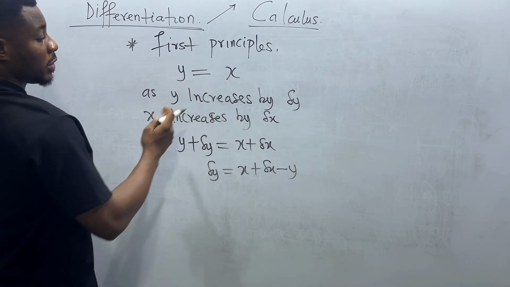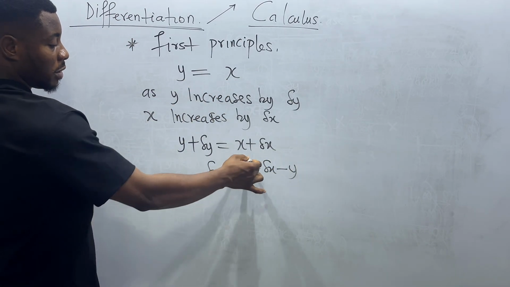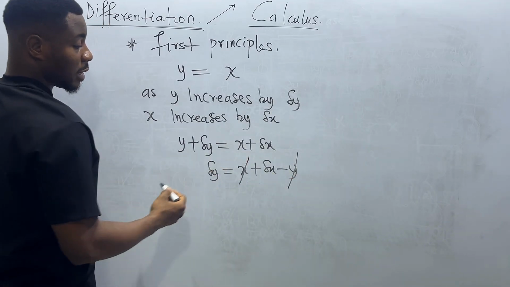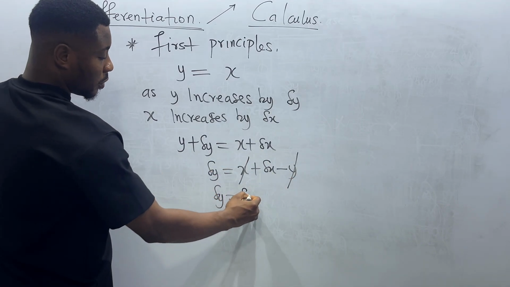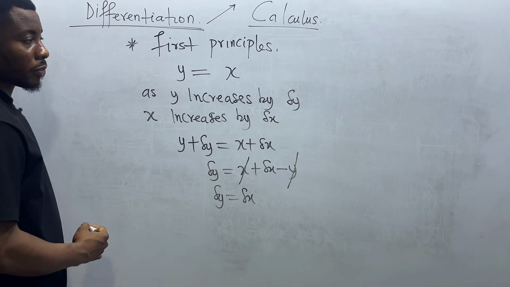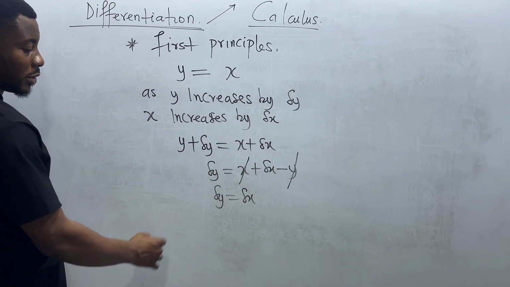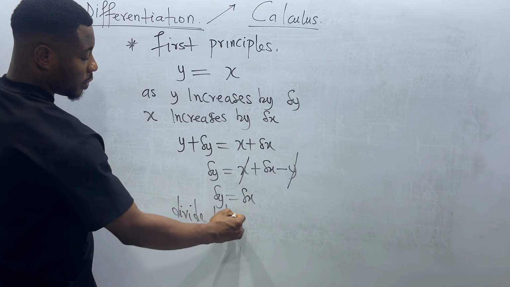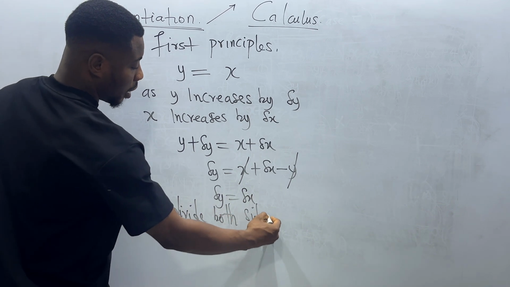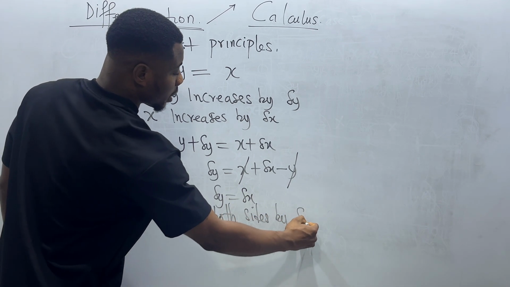Remember that y is equal to x. So it means that these two are exactly the same and they can cancel out. So we are left with change in y is equal to change in x. Now I'm going to divide both sides by change in x.